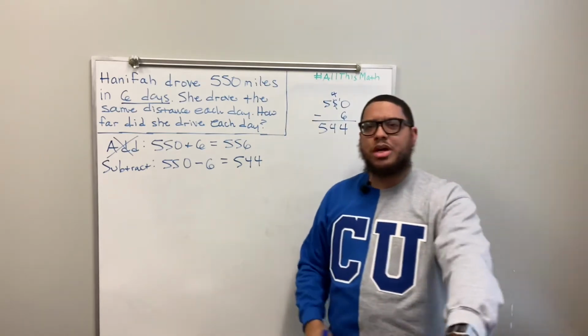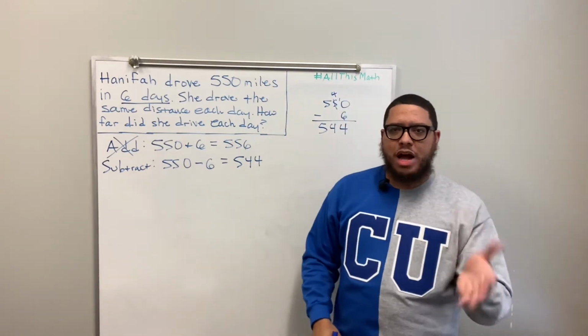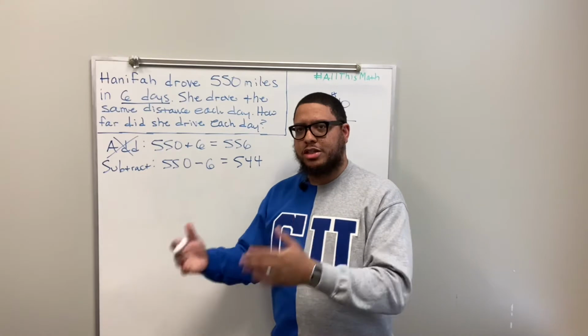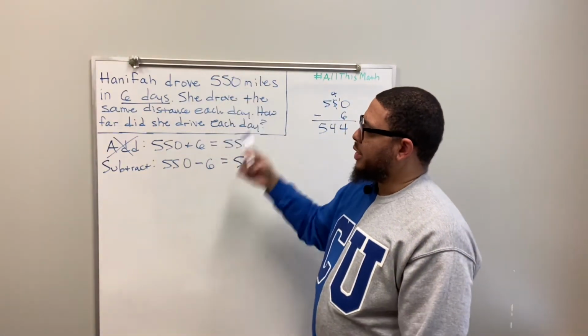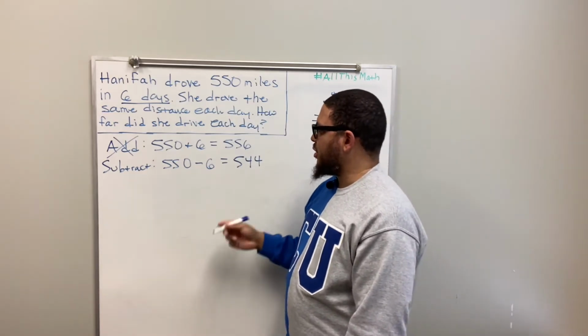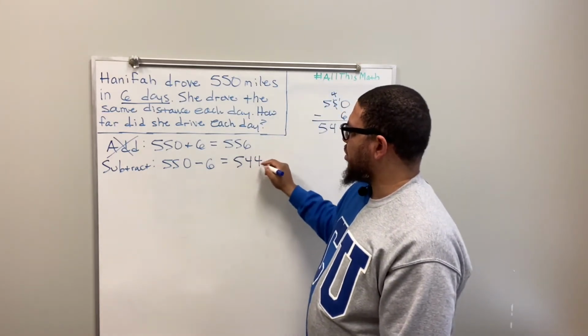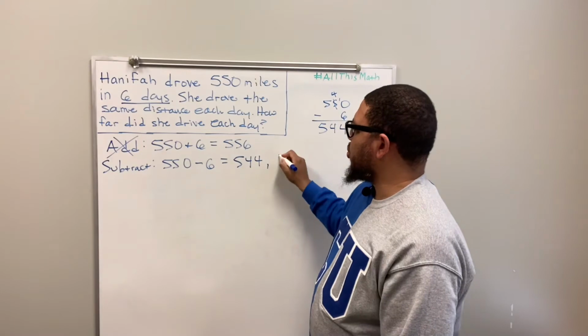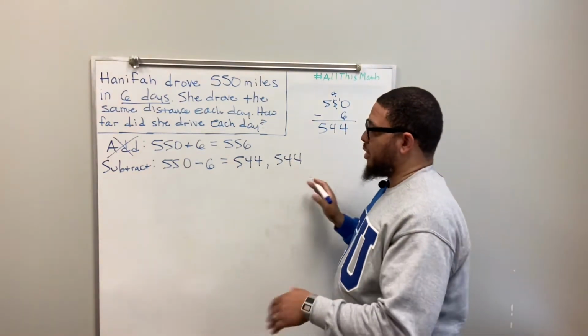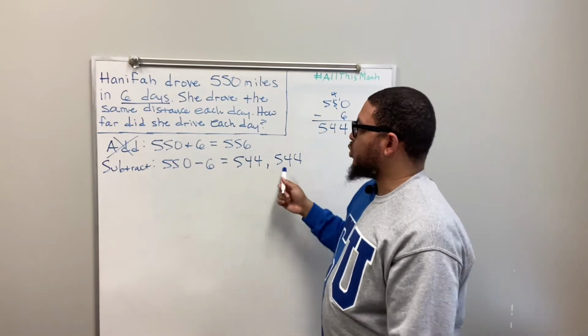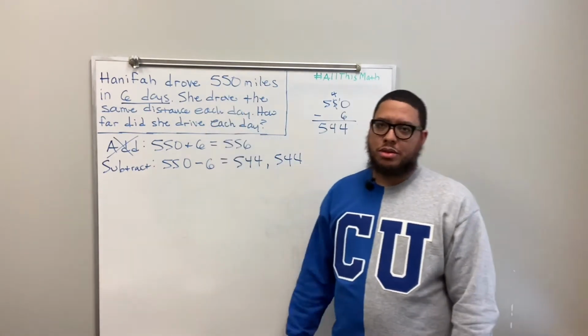And then you say, wait, hold up. How can she have driven 544 miles each single day if she drove 550 miles altogether? That would mean that after the first day, she drove 544 miles. And then the next day, she drove another 544 miles. Now, we don't even got to keep going, because we already know that that's way more than just 550 miles, right?